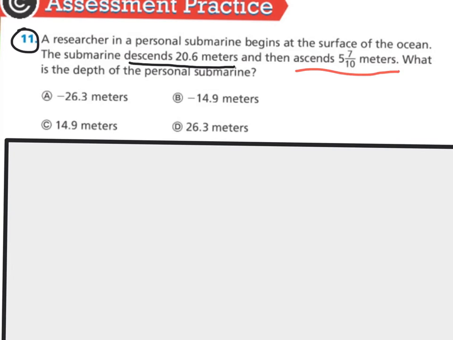So descends is going down, ascends is going up. So descends 20.6 meters. So this would be a negative 20.6, and then ascends is going up, so that's a positive 5 7/10.